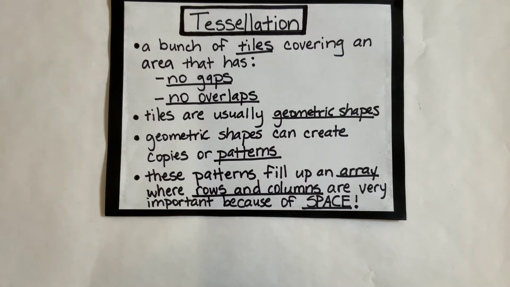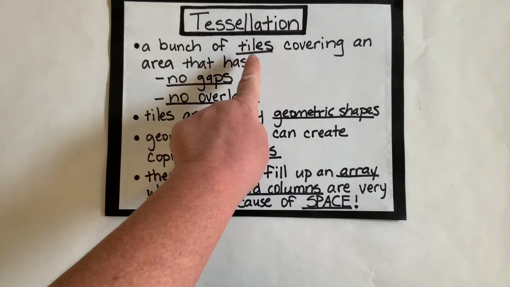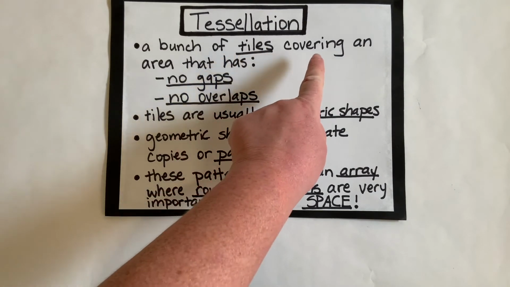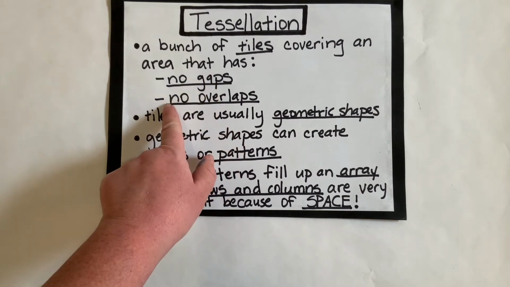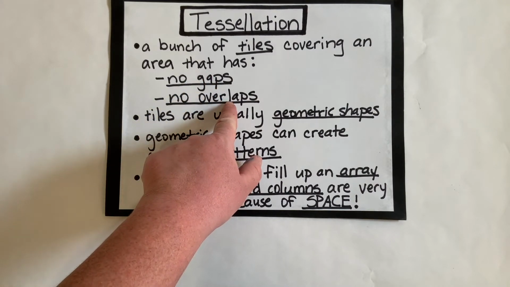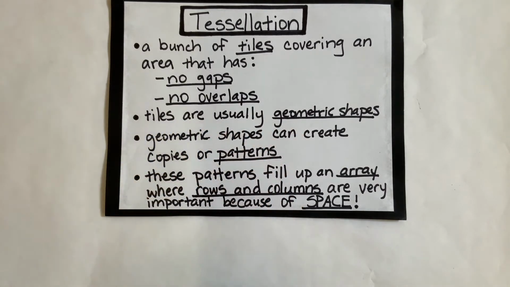A tessellation, as you could see, here's the word, it's a bunch of tiles covering an area that has no gaps and no overlaps. I'll explain this. Tiles are usually geometric shapes, so let me show you.